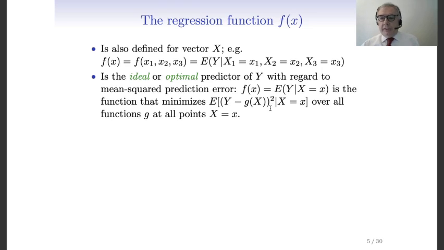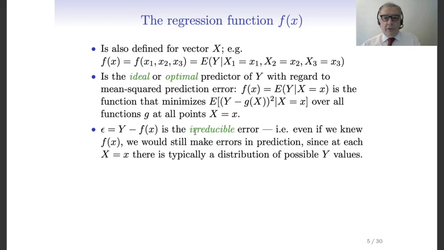Now we have this statistical result that tells us that among all possible functions g of x, this function f of x, given by the conditional expectation, minimizes this quantity. So you cannot do better if your objective is minimizing the conditional squared error. This is a very reasonable target, this minimization. So in some sense we can say that the conditional expectation is the best possible choice.